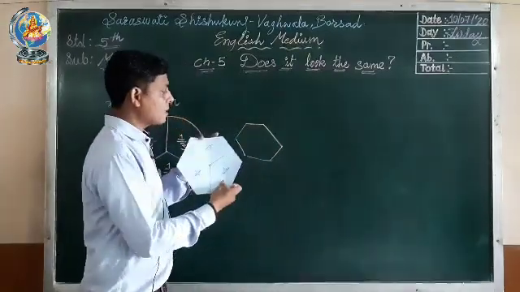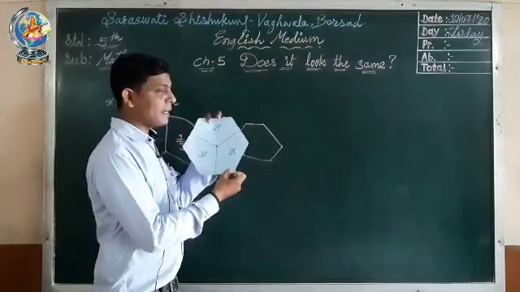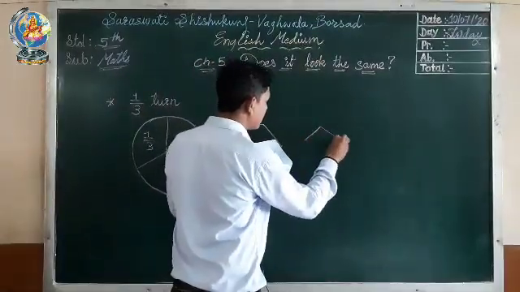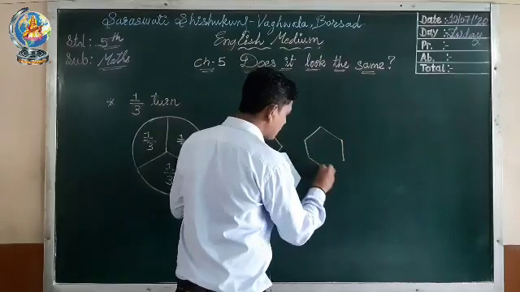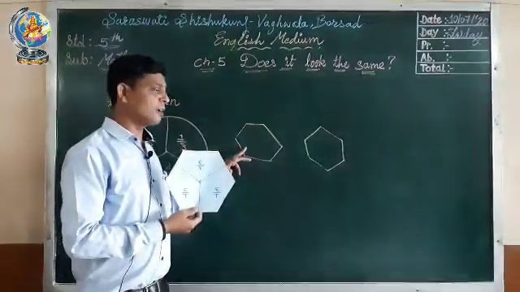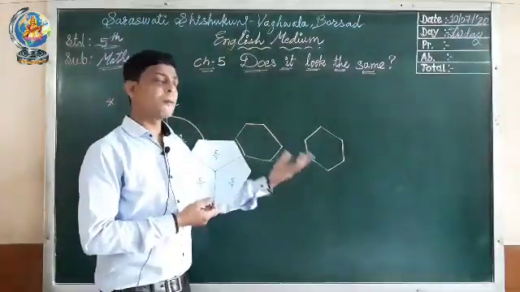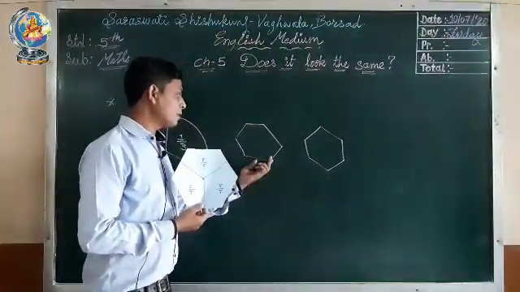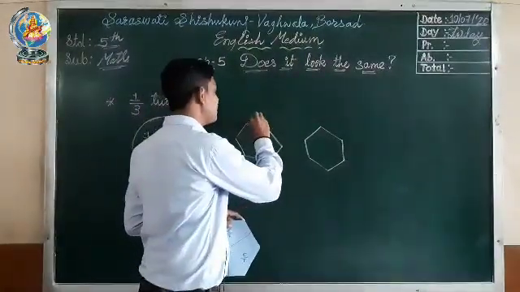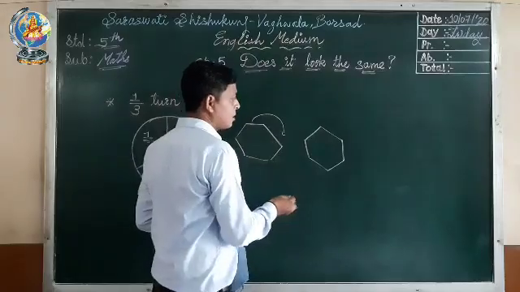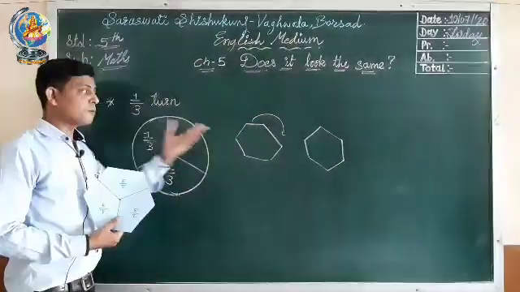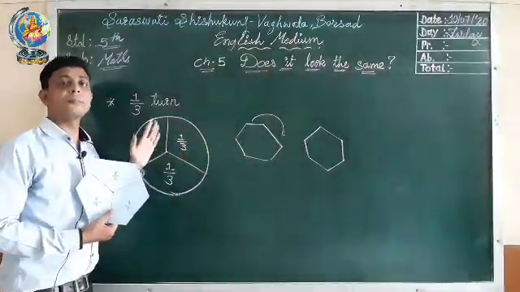First it was looking like this, but when I rotate it, it looks like this. Means when we rotate this figure, it changes its position. When I rotate into 1/3 part, means I bring this part here, so it looks like this. So hope you have understood how to rotate 1/3 part.